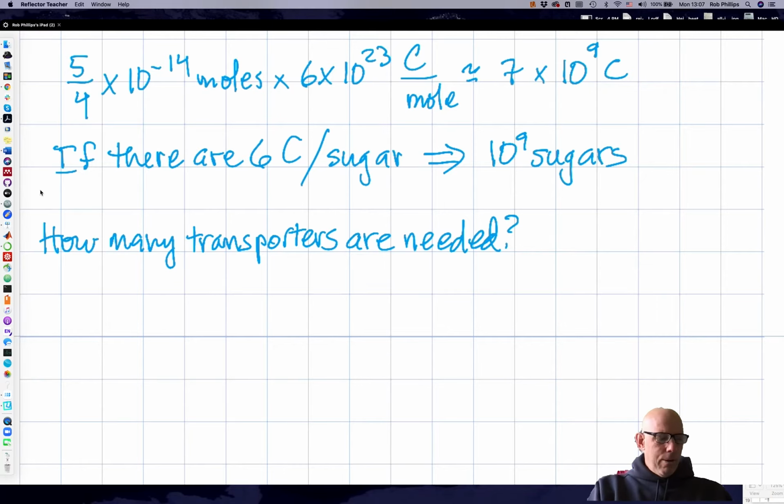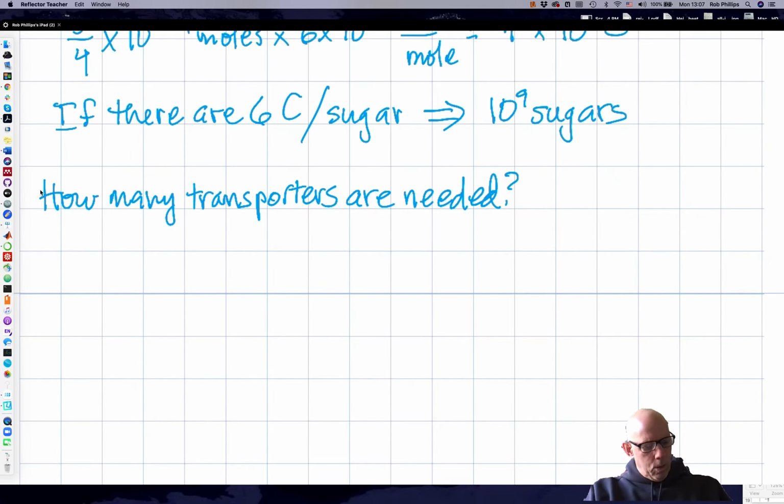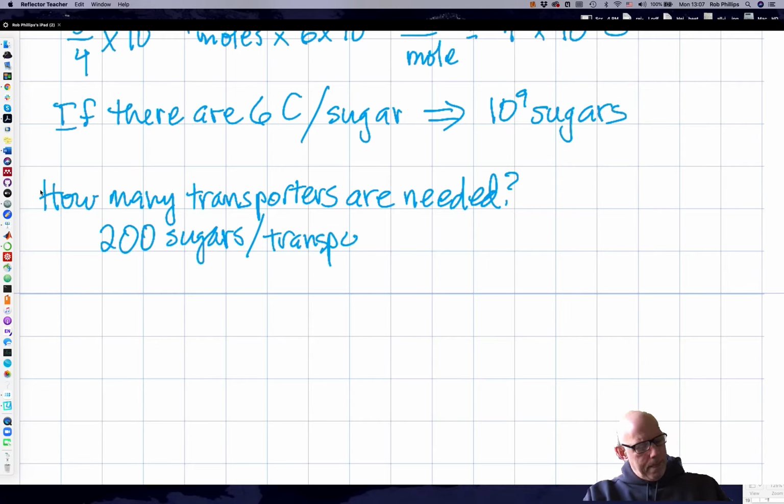And I would say, the number I would carry around in my head is something like 100 cycles per second, so 100 transported per second. So I'm going to make the claim, I'm just going to tell you 200 sugars per transporter per second.